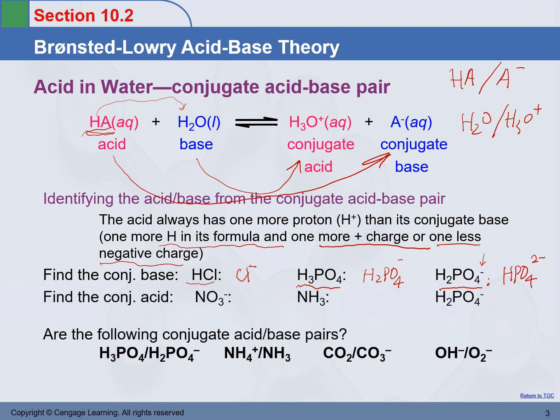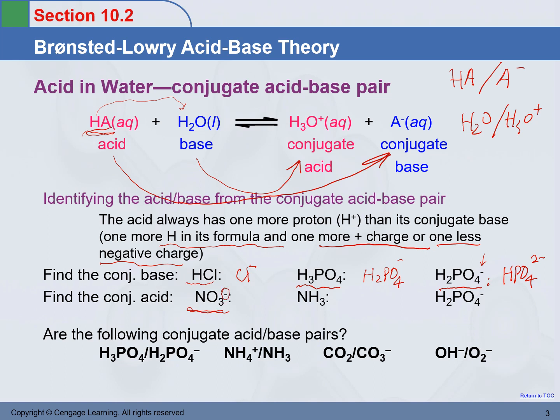All right. Find the conjugate acid of this one, nitrate, NO3 negative. To find the conjugate acid of something, you add a proton to it. A proton means an H and one more positive charge. Right now, the base carries a negative charge.